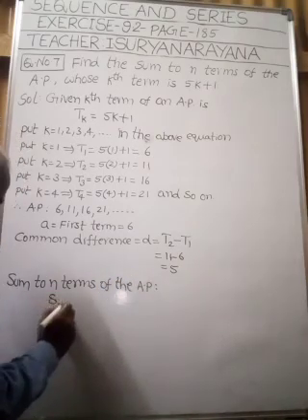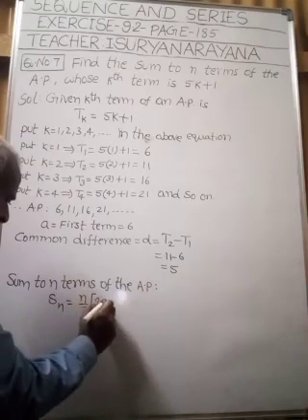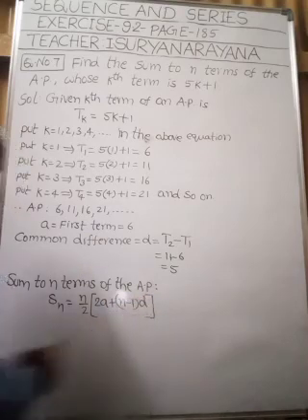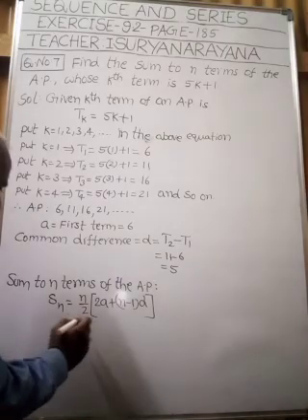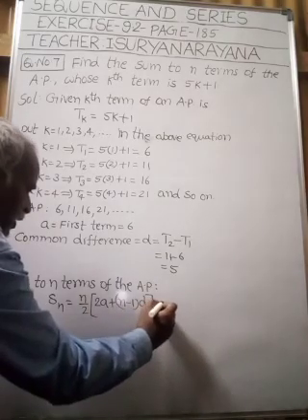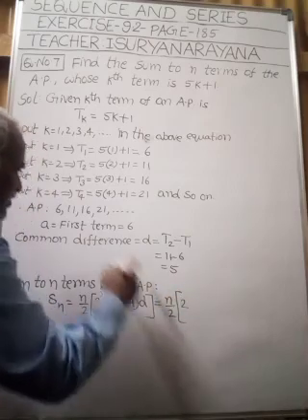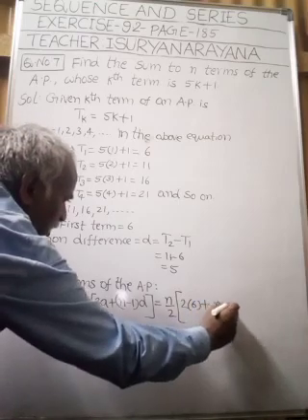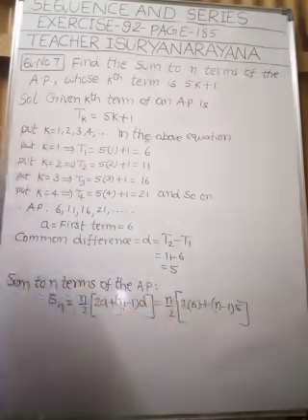Sn is equal to n by 2 into 2a plus n minus 1 into d. Okay, my children, do you remember this formula? Right, this is equal to n by 2, 2 into what is a here? 6. 2 into 6 plus n minus 1 into 5. Understood this step, my children?